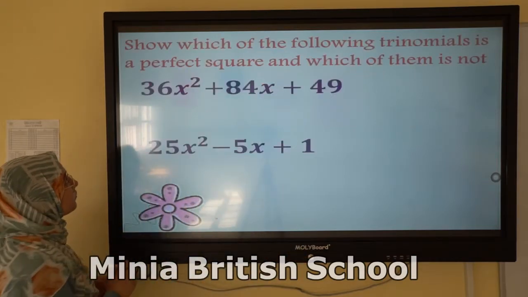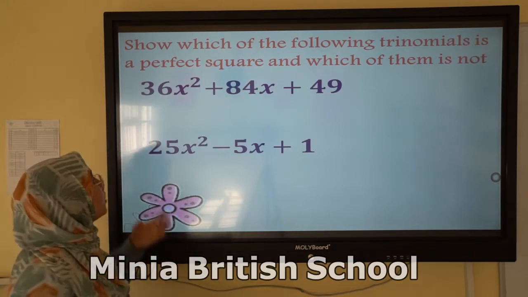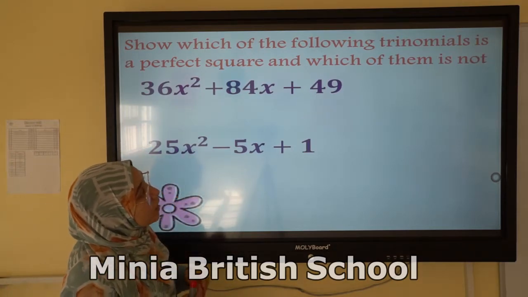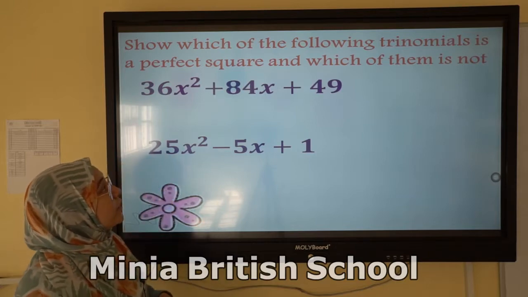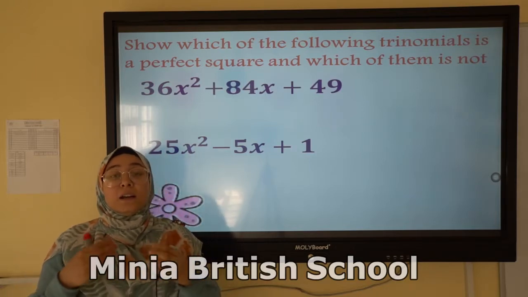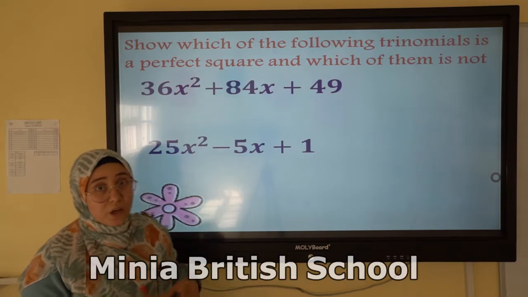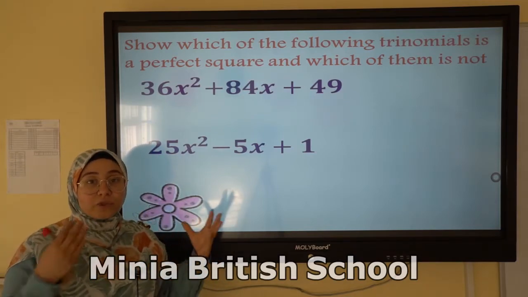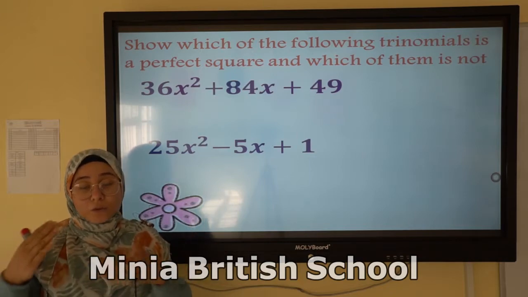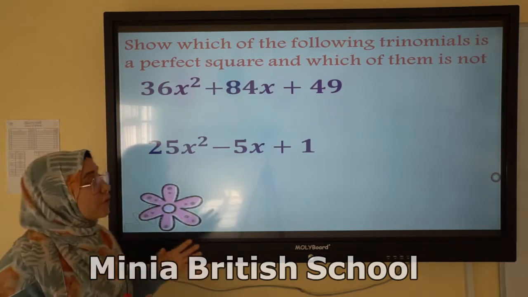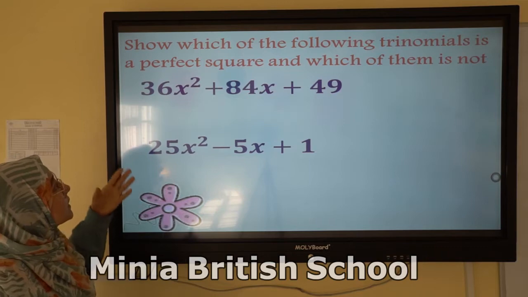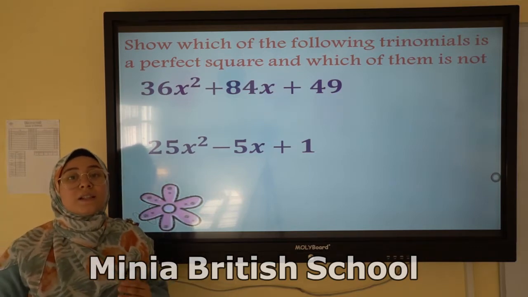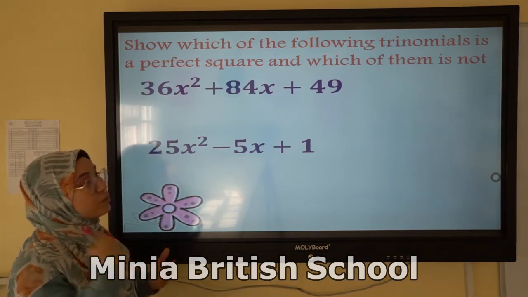Okay. Here in this exercise, show which of the following trinomials is a perfect square and which of them is not. To solve this exercise, we must check the first term, the middle term, and the third term. In the first term, 36x power 2: 36 is a perfect square, x power 2 is a perfect square.